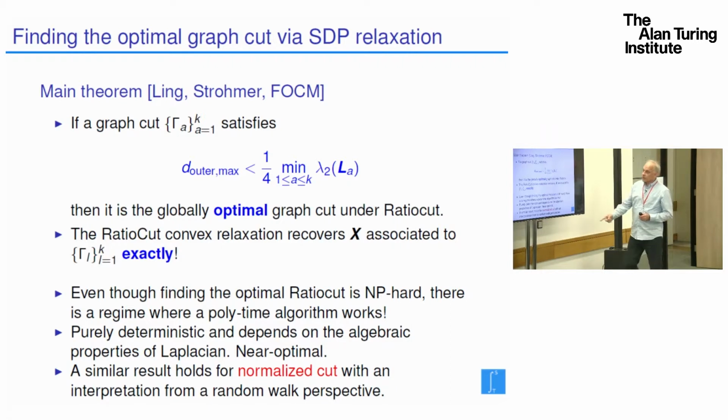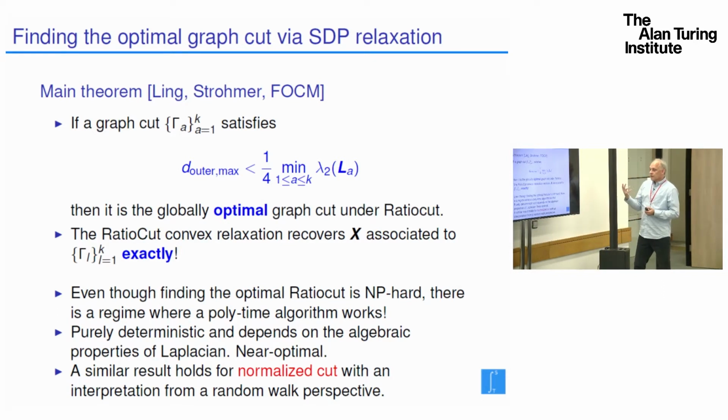And therefore, you can recover this X, and from this X, I can exactly construct the clusters that I want. So SDP really gives you the correct thing. So in this regime, NP-hard is not NP-hard anymore. And I should say this is purely deterministic. There's no randomness involved, no random model on the data. We don't assume Gaussianity or anything.